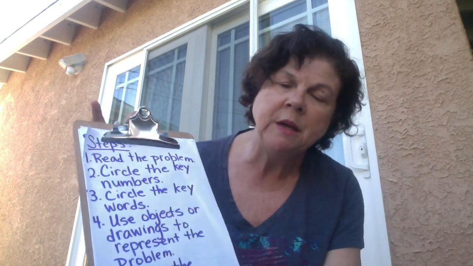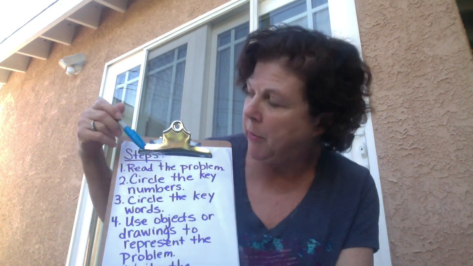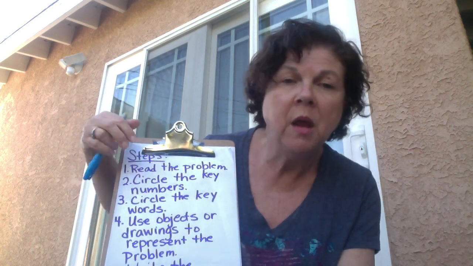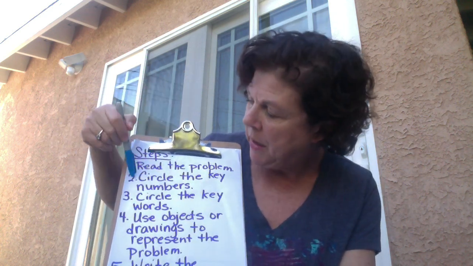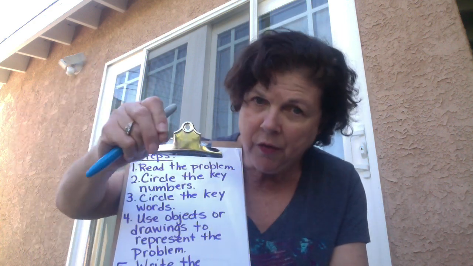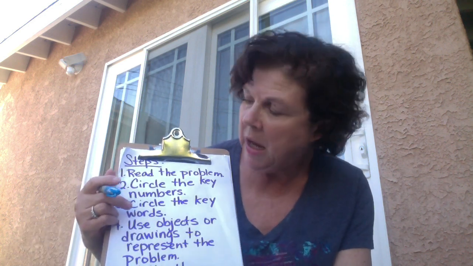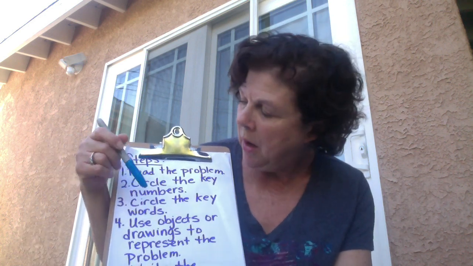We need to have our steps of what to do when we're solving these kinds of problems. Number 1, read the problem. Number 2, circle the key numbers. You can circle them, or you could highlight them with a yellow or orange crayon or a highlighter.